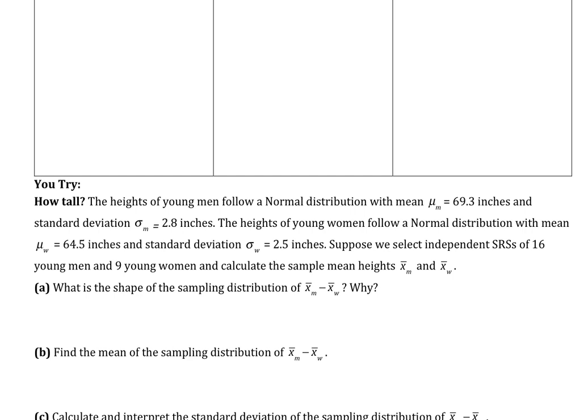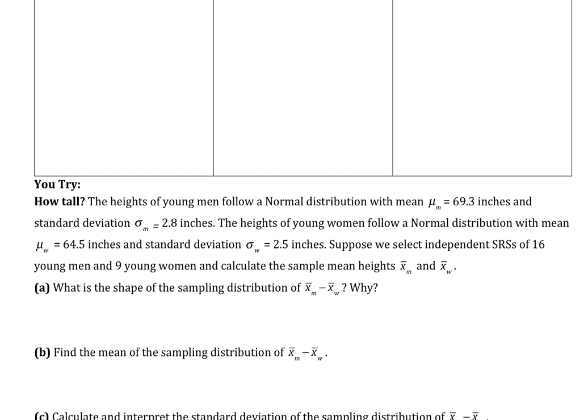Let's talk about the shape. We already know about this. The shape of the distribution is approximately normal if both samples meet the normality condition. And we've done this many, many times, okay? We remember this.